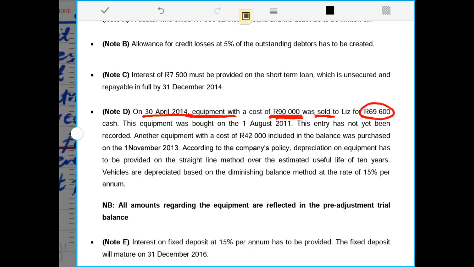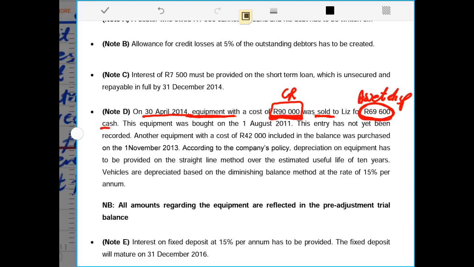Remember I said in the previous question paper, the price or the amount at which an asset is sold or disposed of is recorded in the asset disposal on the credit side. So this amount will be recorded on the credit side of the asset disposal because it's the price or value by which the equipment was sold. However, this is the cost of this equipment, and the cost of the equipment will be recorded on the credit side of the equipment ledger account. So now they are telling us that it was sold for cash.